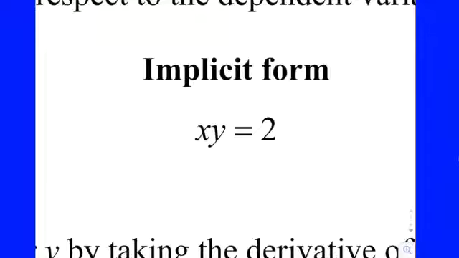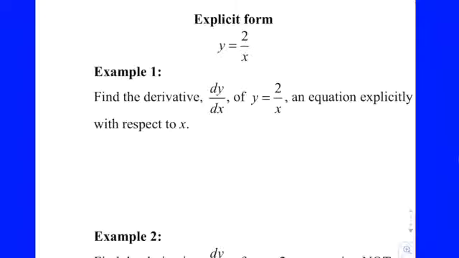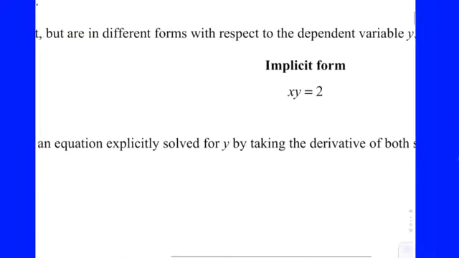If I asked you to find dy dx, I would probably solve it for y in terms of x first, and then take the derivative. But not all things can be solved for y as a function of x. So we're going to verify that we get the same answer either way, and then you're going to trust the method.